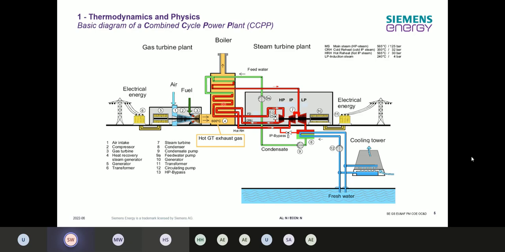There are pipes in there which are heating up, producing steam, and then we get steam out here, which we can send onto the steam turbine. In this case, the steam turbine is a 3 pressure stage turbine.